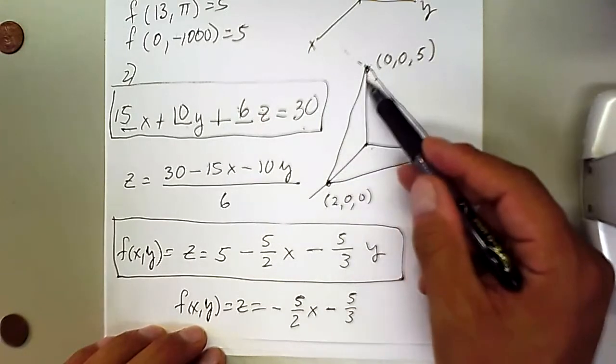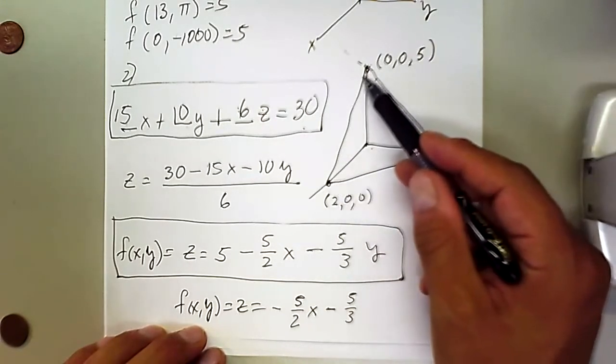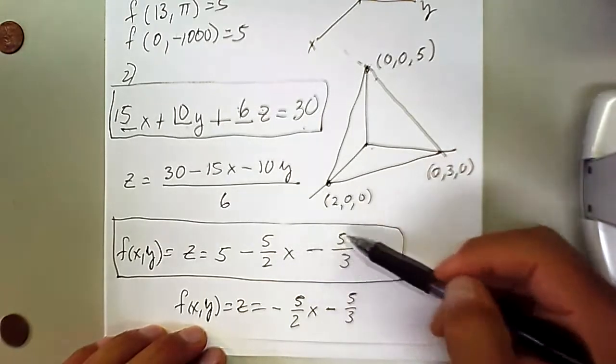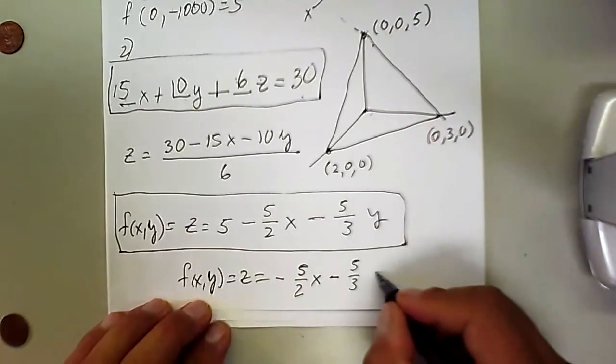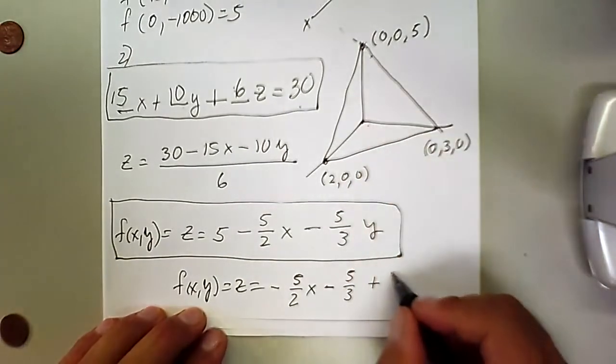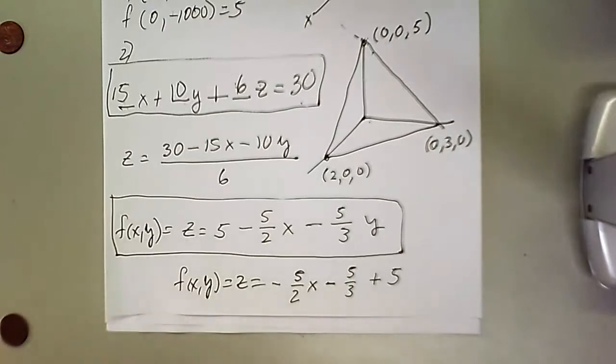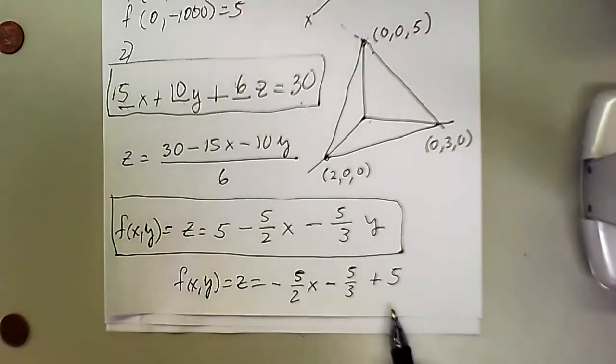And so that's why this is going down. So run 2, drop 5. So rise over run. Same thing as with 2D. And then we have the z-intercept, which would be just the number 5. There we go. So this is another way to express this. This is an extension of expressing a straight line, except that this is a plane.